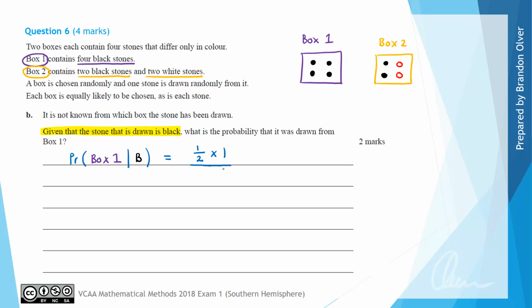And then we divide that by the probability of getting a black stone, which was 3 on 4, also what we found previously. So this is going to equal a half divided by 3 quarters, which is the same as a half, and instead of dividing we're going to multiply by the reciprocal of 4 on 3, and that is going to simplify down to 2/3, just like we discussed at the start of this question. So that is the answer to part B of this question.